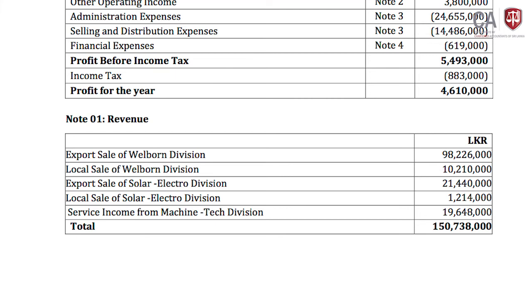Export sale of Wellborn division, local sale of Wellborn division, export sale of solar electro division, local sale of solar electro division, service income from machine tech division. That's the summation or breakup of 150,738.